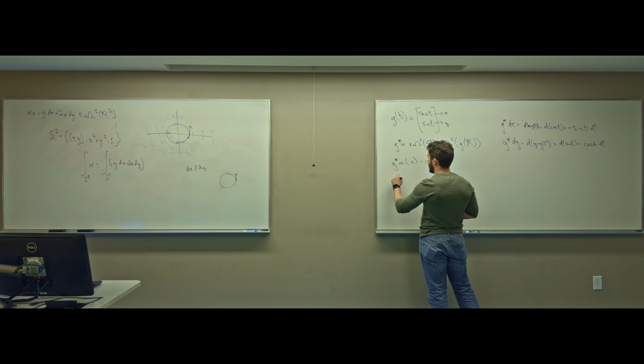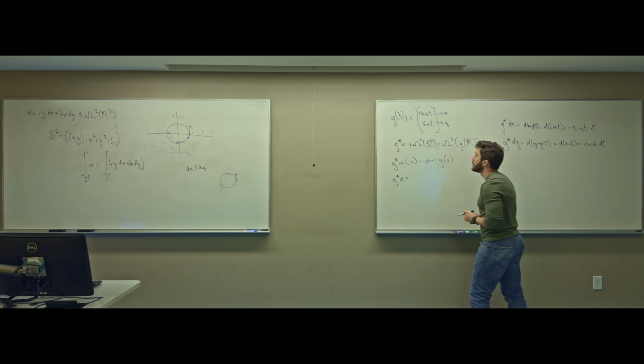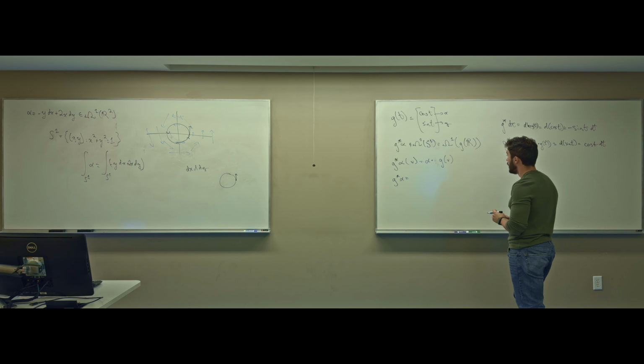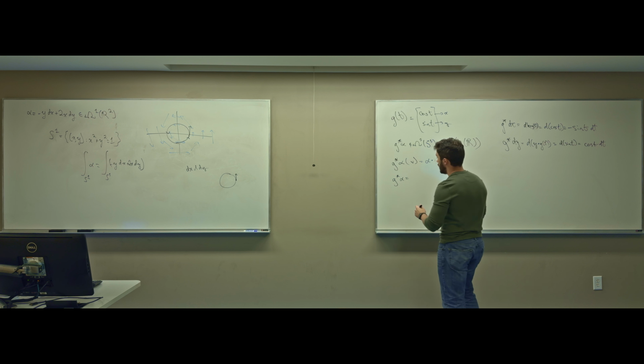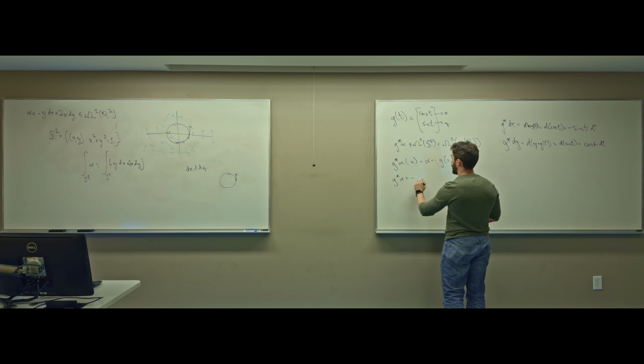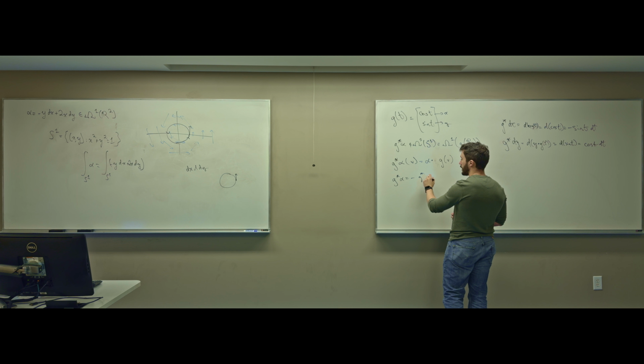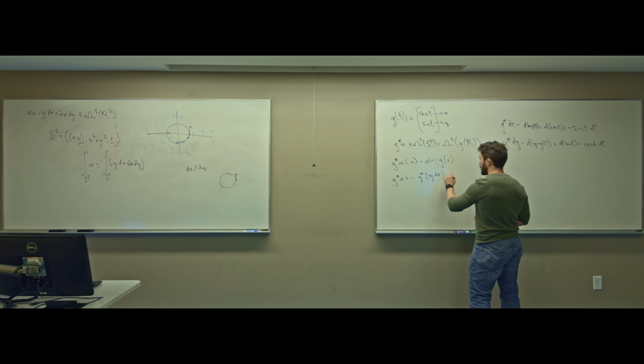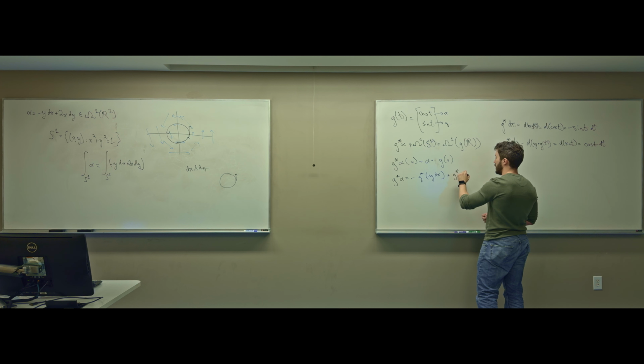So now I can pull back this alpha. So g star alpha is going to be negative g star to the pullback x linearly, y dx, plus g star x dy.